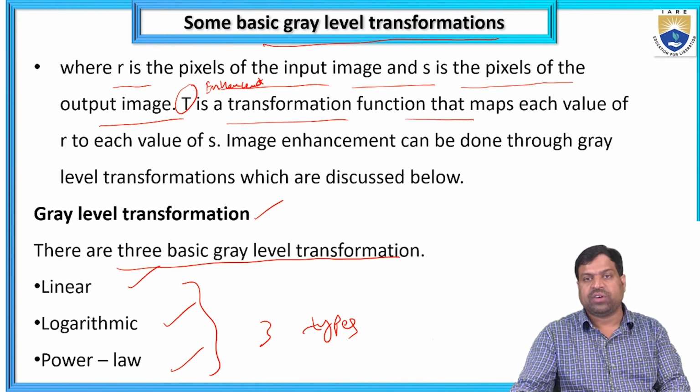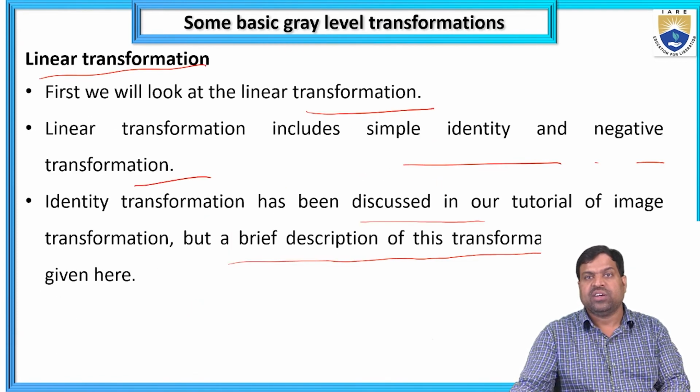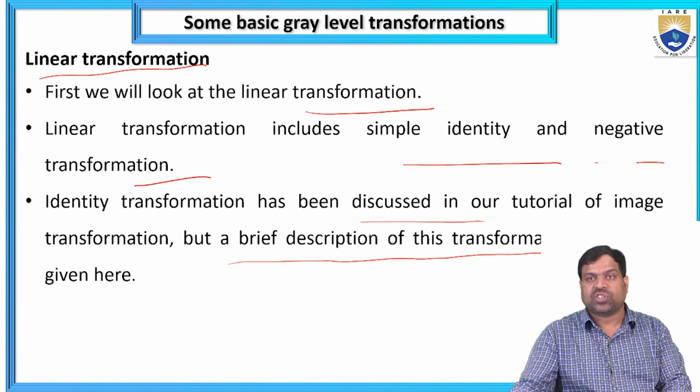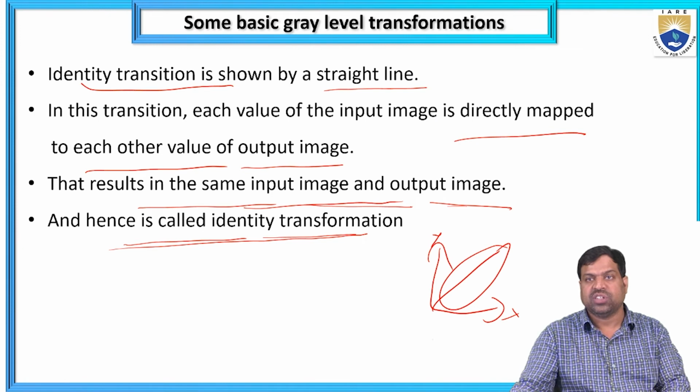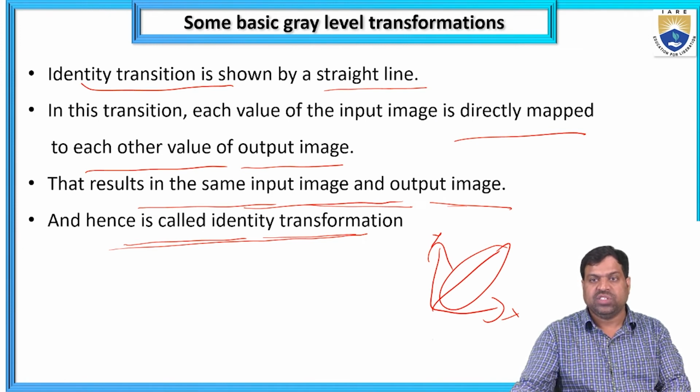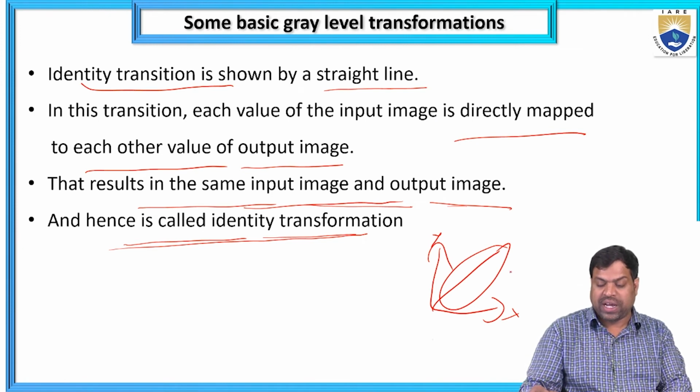So how are gray levels transformed? There are three techniques: linear, logarithmic, and power law. These three techniques have different applications in real-time use. The first is the linear transformation. In this, it is a straight line, meaning the output and input are balanced.